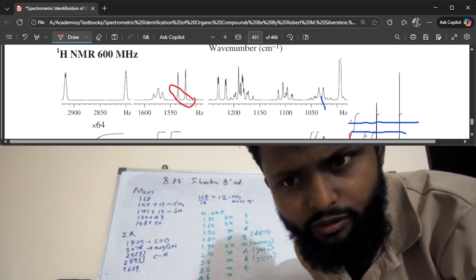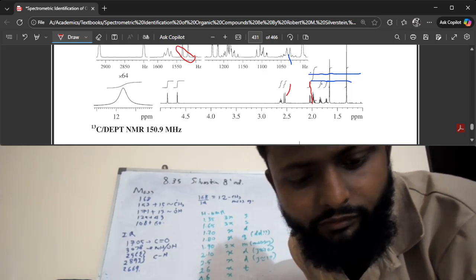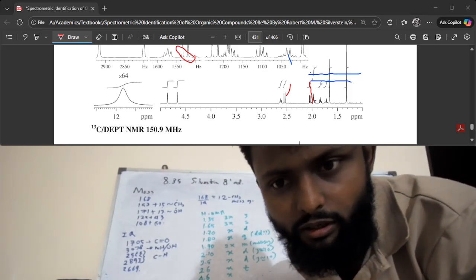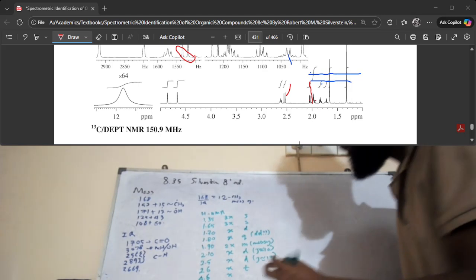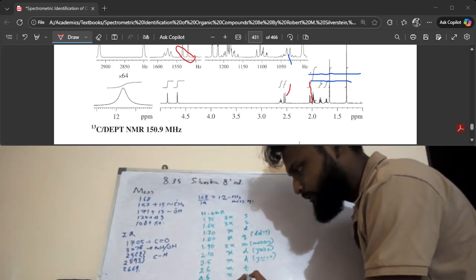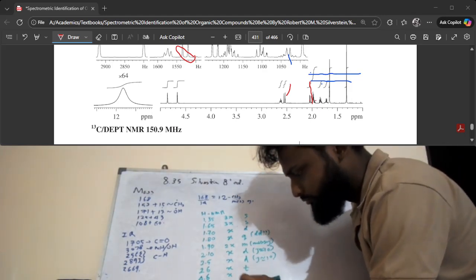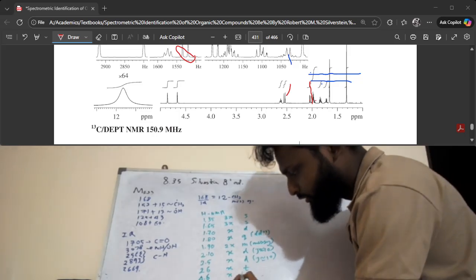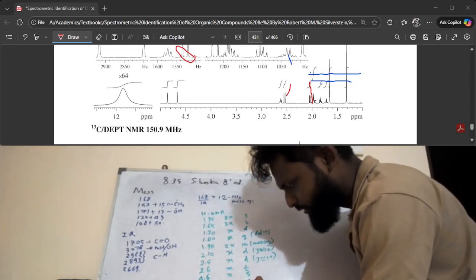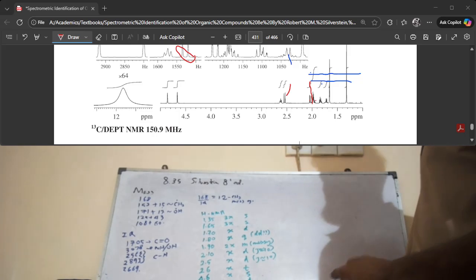So in our data sheet, what we are going to do is mark it as a doublet, and we're gonna mark this as a singlet and this one as a doublet, right? All right.